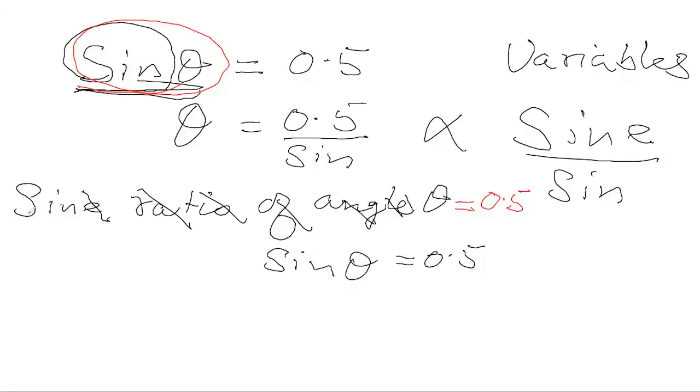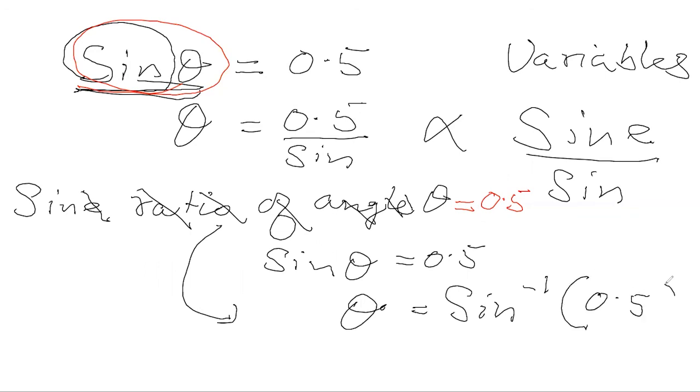It is a short form of a phrase: sine ratio of angle theta is 0.5. Then from this, how do you find theta? You have to do the opposite of it. Inverse of it. Sine inverse 0.5. Not like this. I think you got some idea about the basic mistakes done by many students.